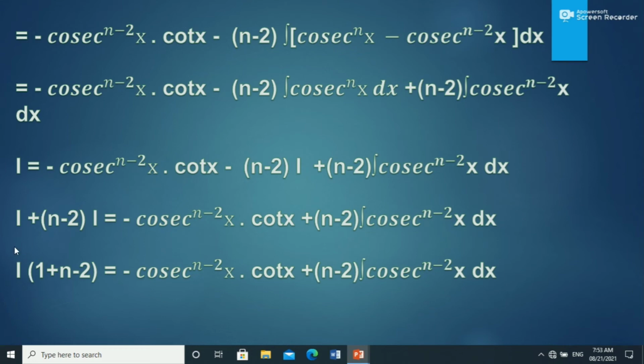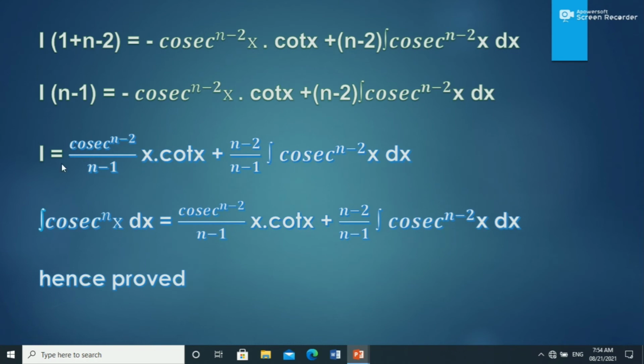Then here take out I common, then I into 1 plus (n-2). That is, if we take I common, then the remaining terms are 1 plus (n-2), which is equal to minus cosec^(n-2) x cot x plus (n-2) integral of cosec^(n-2) x dx.